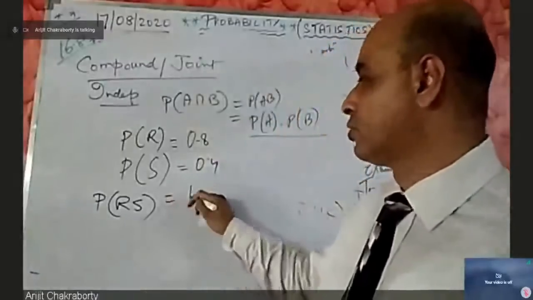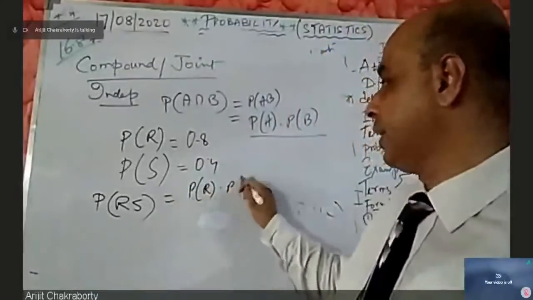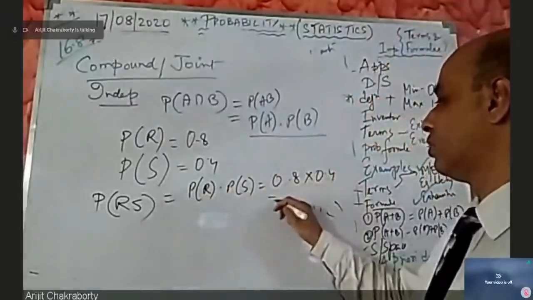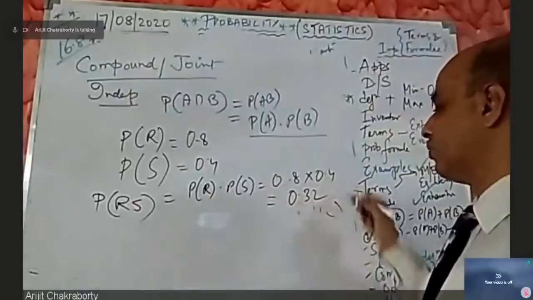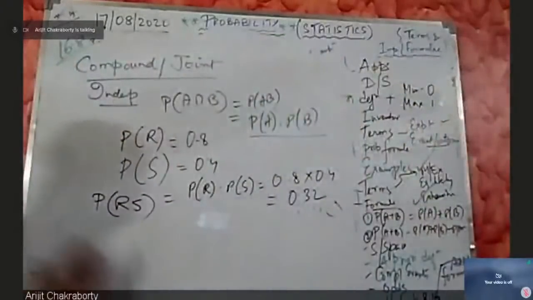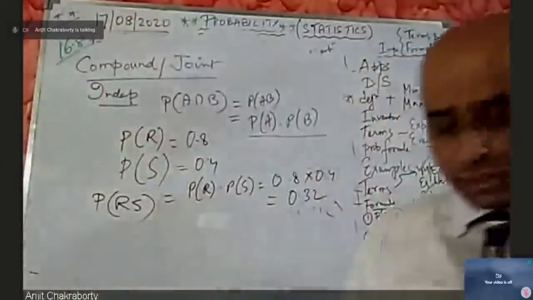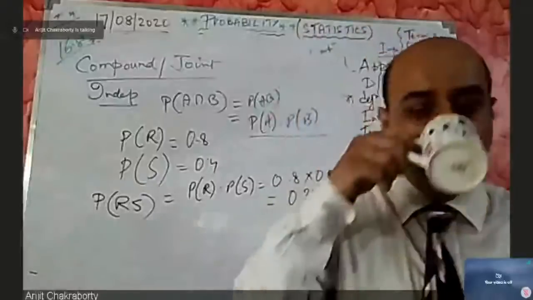So this will be equal to P(R) into P(S), that means 0.8 into 0.4, that means 0.32. This is called joint probability for two independent events. Please note the events are totally independent. They don't have any connection.